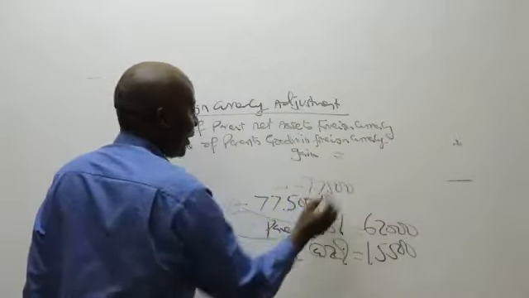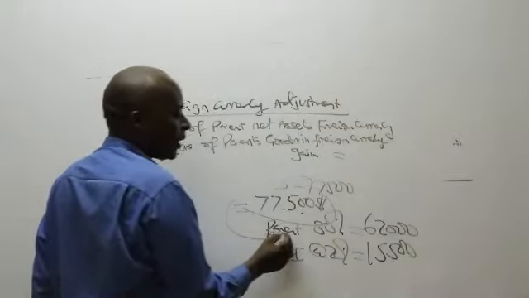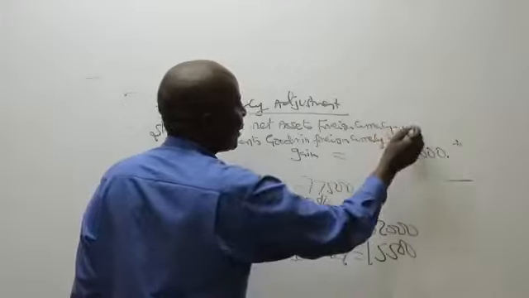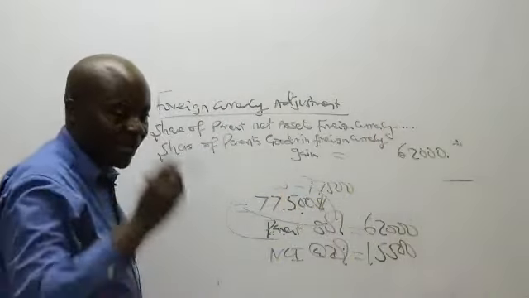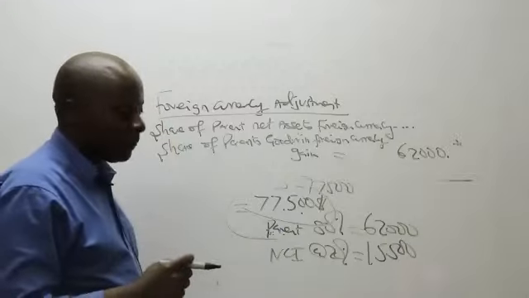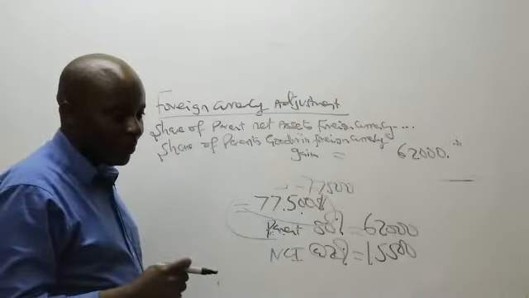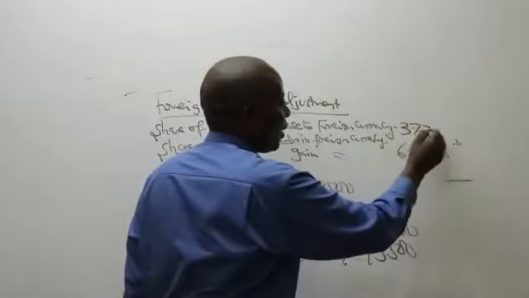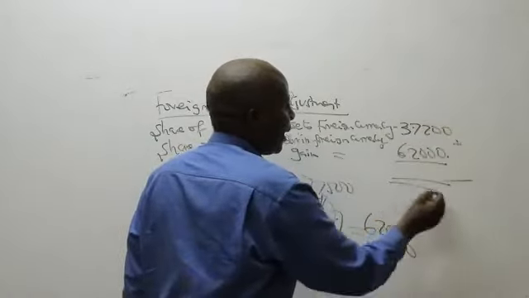Hii ndio mmeniambia saizi goodwill, foreign currency gain mmeniambia 62,000. Ya parent nishasahau jameni. Nilikuwa kuja ngapi somebody? 37,200. So could you kindly go there and add?